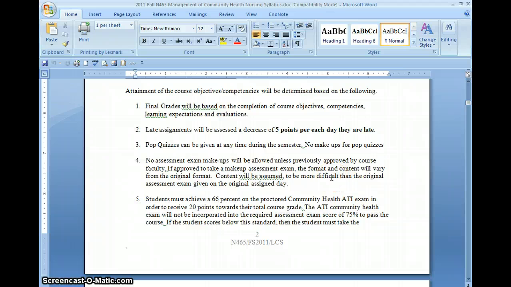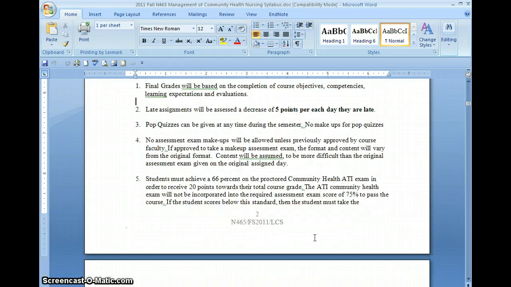It's where the rubber meets the road, and it's time to jump up into the big girl and boy arena here for nursing. The ATI exam, you'll probably hear grumbling about, but you don't have to worry about that.